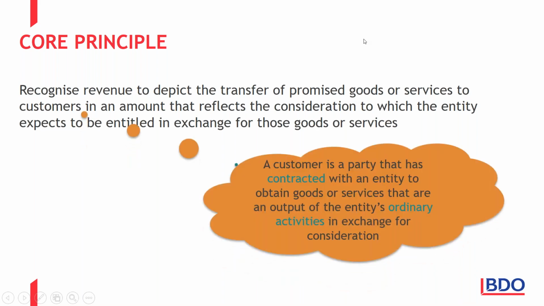And I would expect that core principle to be part of your accounting policy. So I would imagine your accounting policy will start with that decision tree. And then once you are in AASB 15, this is the principle. Important to note that the core principle refers to promised goods or services to customers.